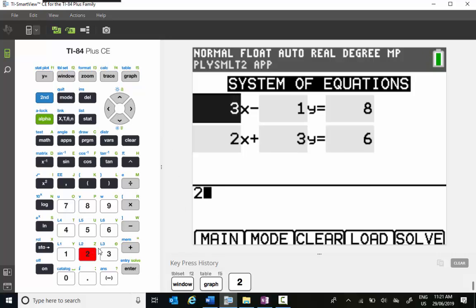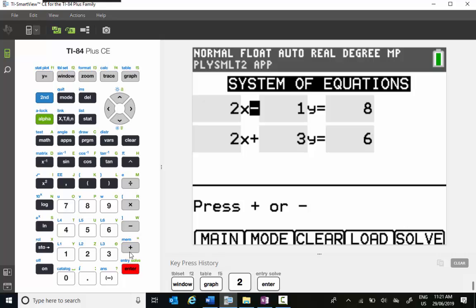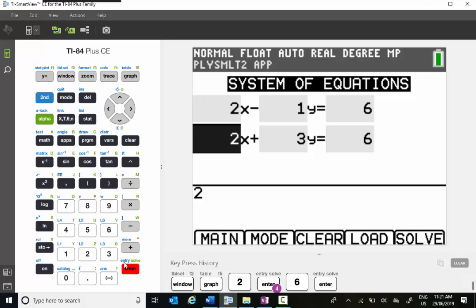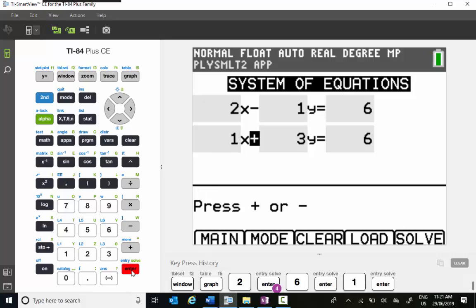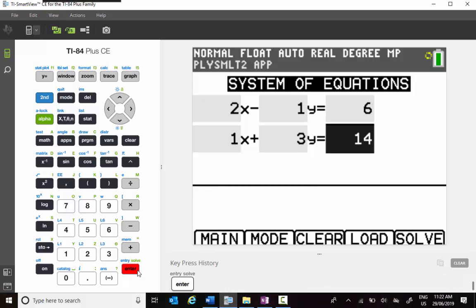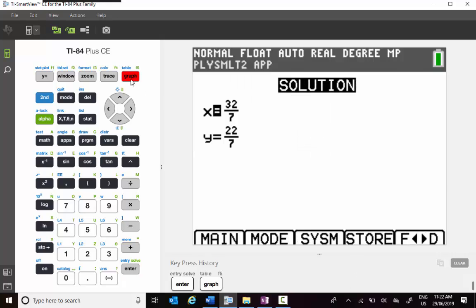So we've got 2x take 1y, and that's equal to 6. And then the next one's going to be 1x plus 3y, and that was equal to 14. And we just have to press our solve button. Oh, worked out beautifully. Good to see that I can actually do the maths correctly.